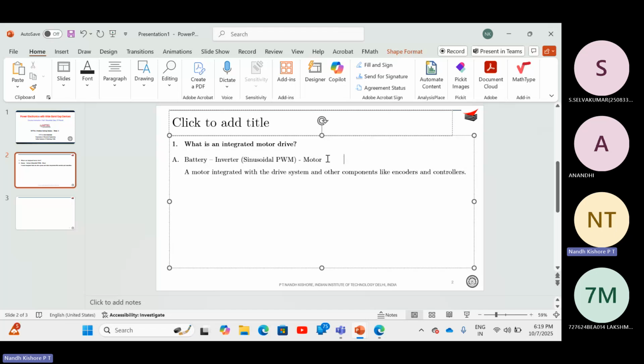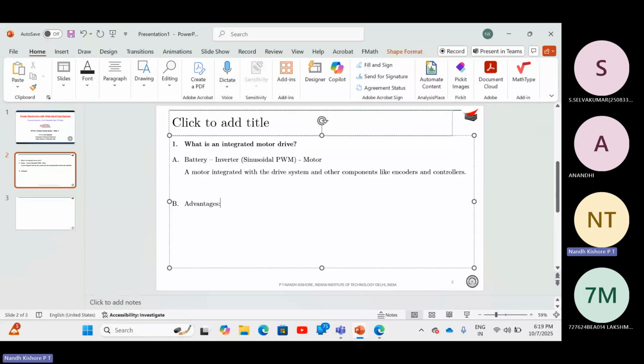Why can't we just have the motor and connect externally? If all of this is integrated into one system, you save space. So the advantages are as follows.